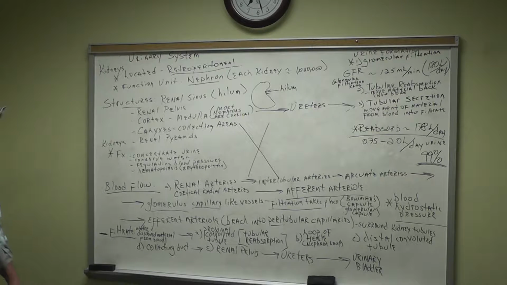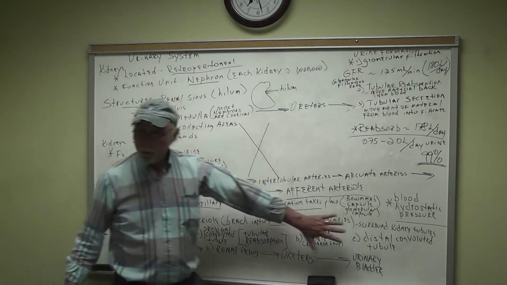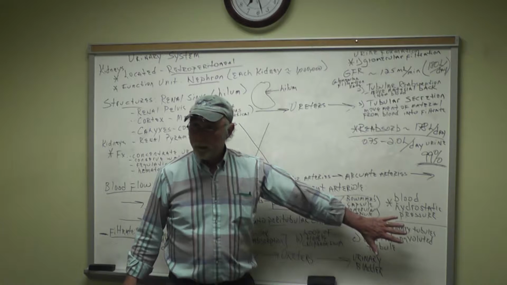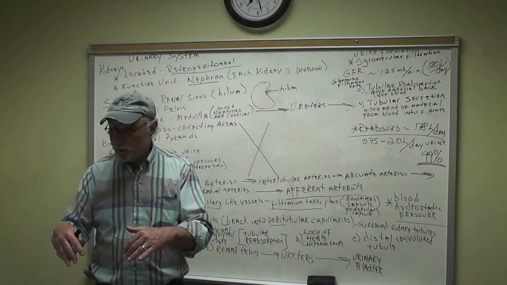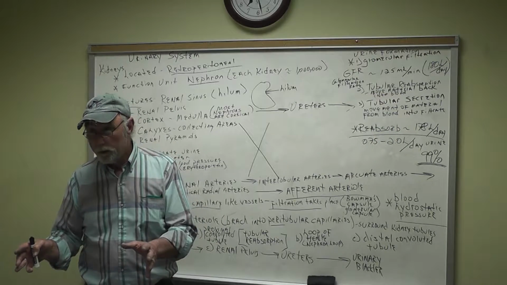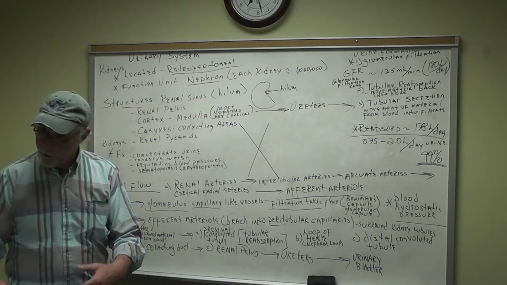Now, when I talk about the reabsorption of materials like sugar, because we can't live without glucose, there is a threshold of what these tubules can reabsorb. In other words, there's a certain amount they can reabsorb, and then they can't reabsorb anymore, and the excess sugar will end up in the urine.